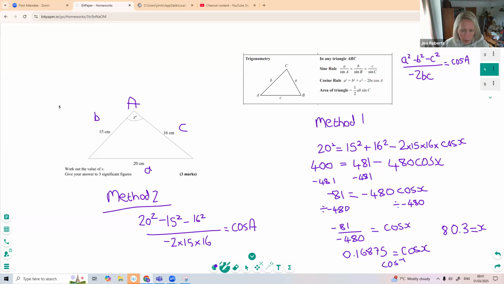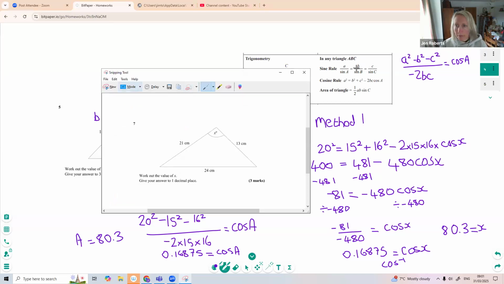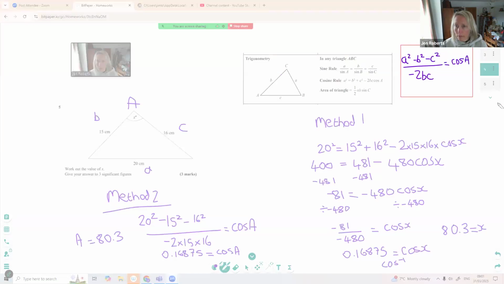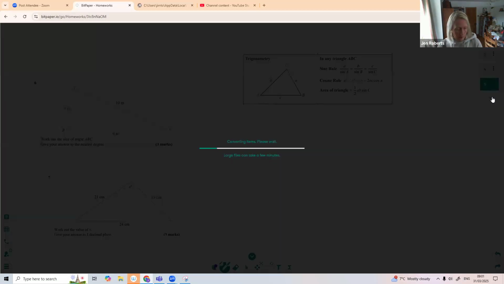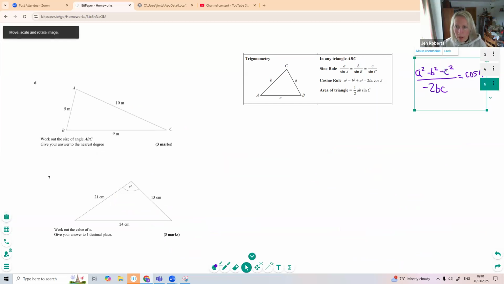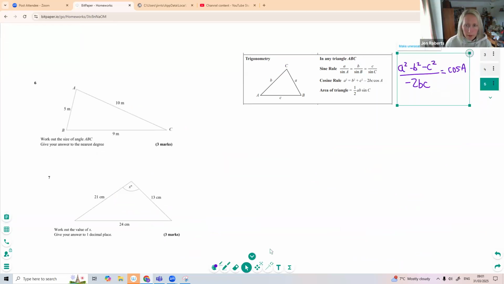We get 0.16875 is your cos A. Cos to the minus 1 both sides gives you your A or your x is 80.3. So you can decide which method you would prefer to use here. Have a go at both of these, and I will go through both methods.